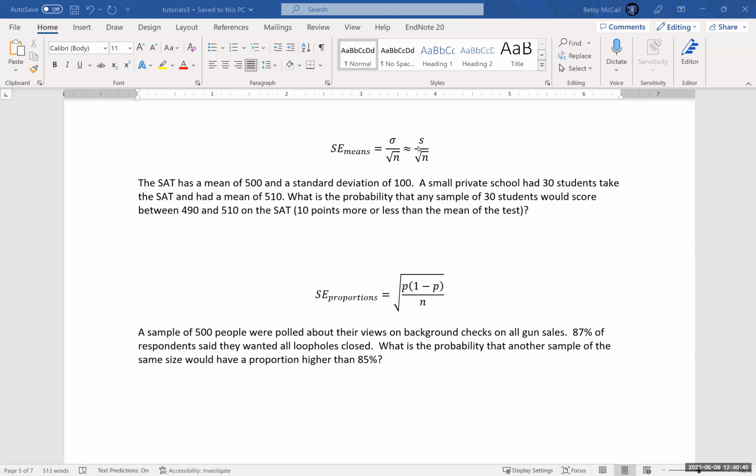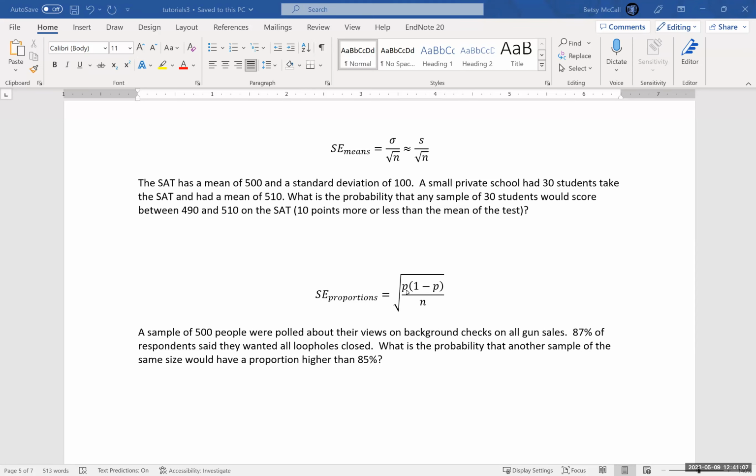But if we're using the sample standard deviation, we would do the same calculation, but with the t distribution, because we have to account for that additional variability in our standard deviation. We're also going to look at a proportion example, where the standard error is a little different.